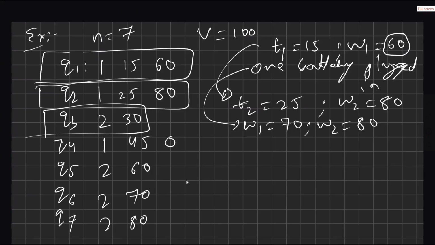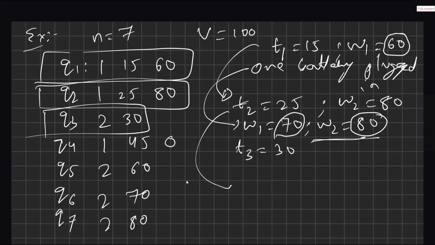Now we are processing query number 3. It is of type 2 and the time is 30. Type 2 means we have to unplug the battery. Which battery are we going to unplug? The battery which has the highest voltage. If you consider 70 and 80, you may say we have to unplug this one, which is quite sure, but the voltage is not true right now.